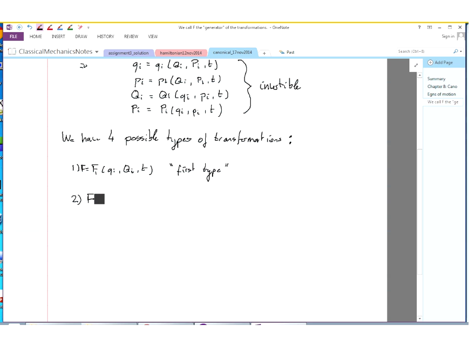On the other hand, f equals some function f2 of the little qi's, the capital Pi's, and t, minus the sum from i equals 1 to n of capital Qi Pi, and we call that a transformation of the second type.